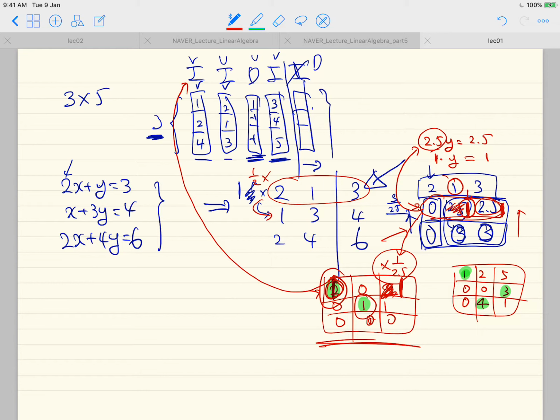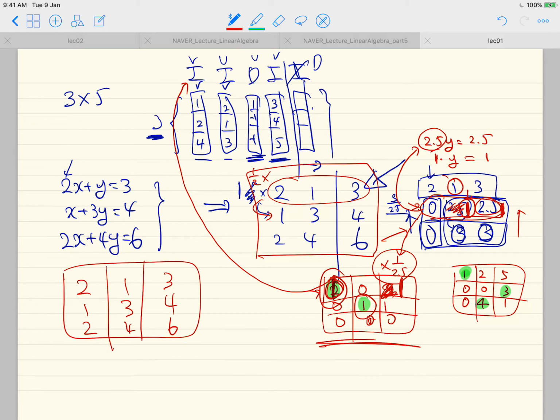So here we have 2, 1, 2, and 1, 3, 4, and 3, 4, 6. Okay. So it means the third column didn't have any pivot in the result of Gaussian elimination. That means it is linearly dependent on the previous two, and thus the third one should be represented as a linear combination of the previous two, right?